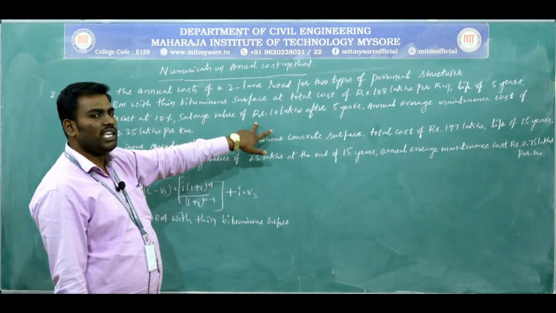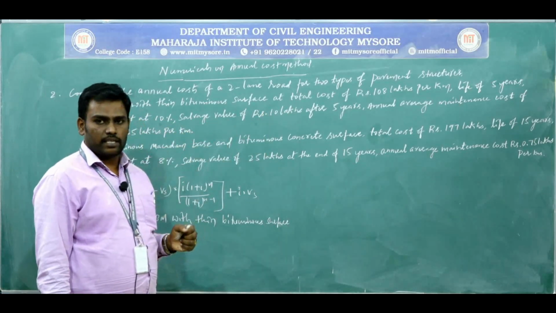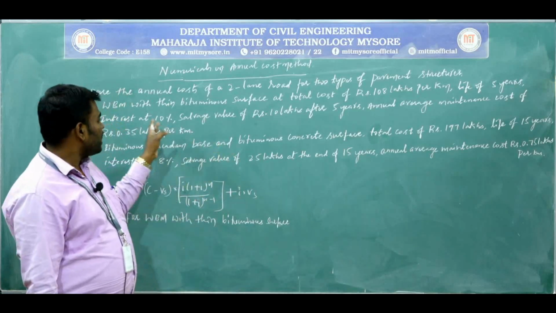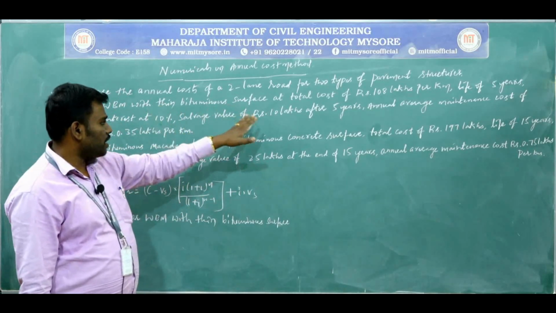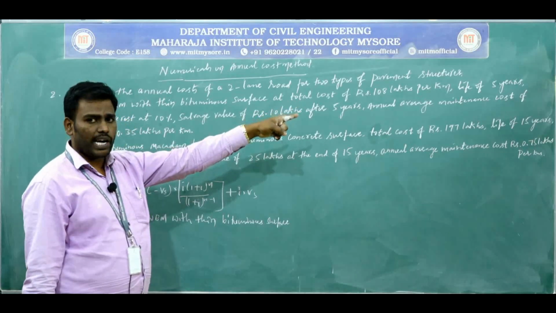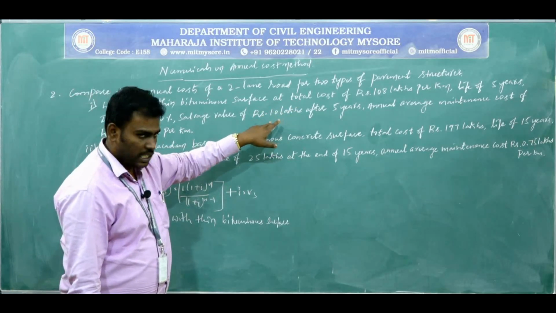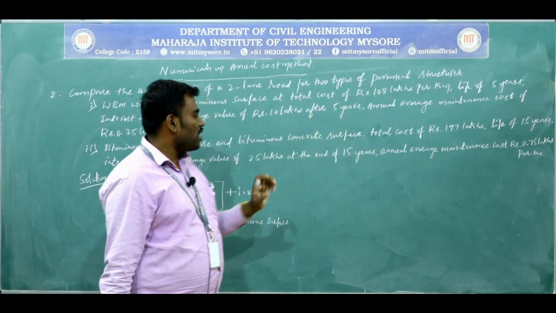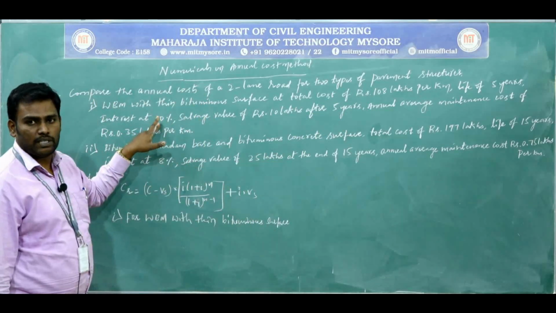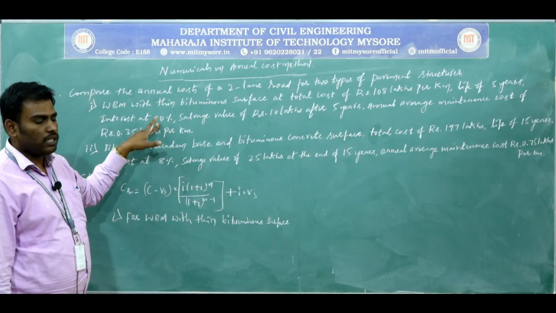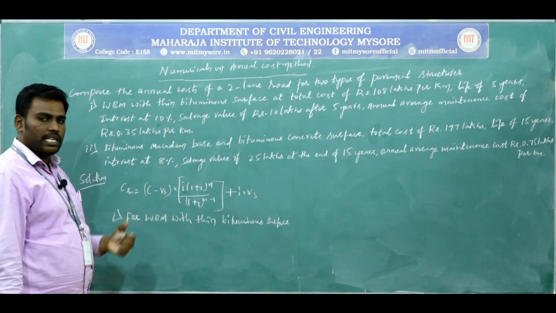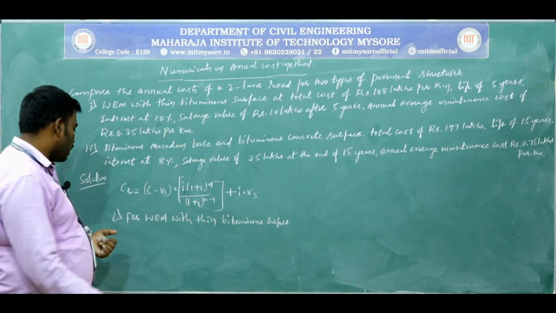Then the salvage value Vs is about 10 lakhs. So for the WBM with thin bituminous surface, C is 108 lakhs, Vs is 10 lakhs, N is 5 years, and I is 10%. Then substitute the given values in this equation.